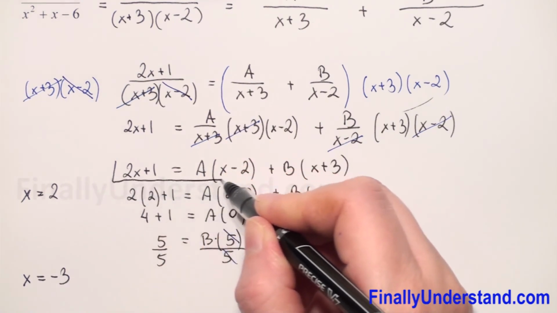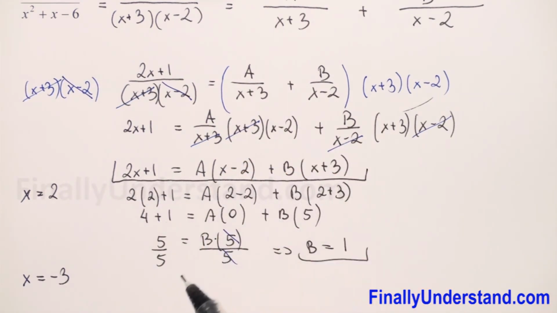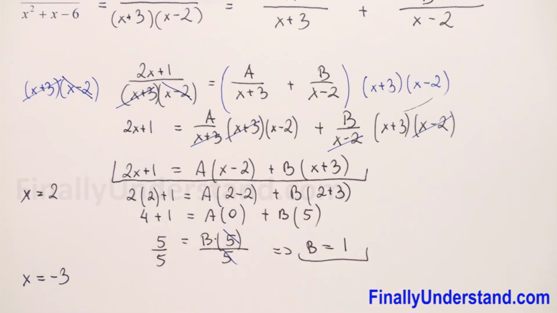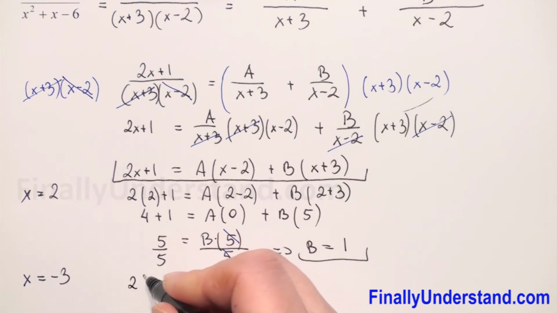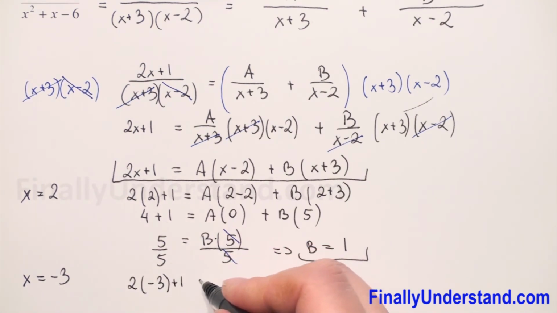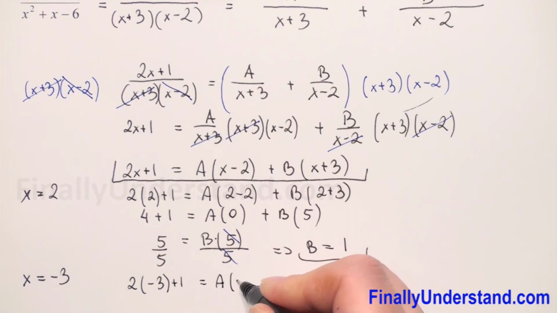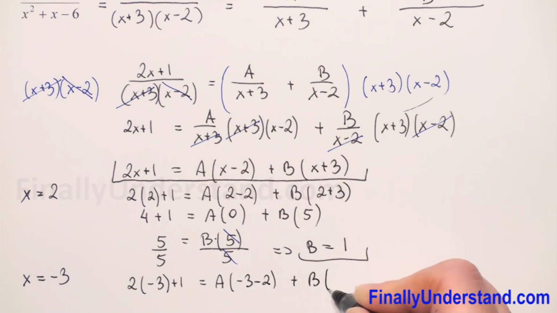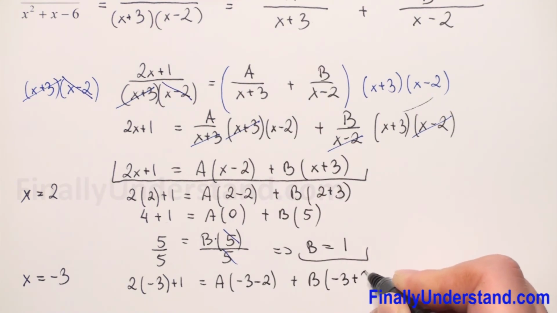Again, in our equation, we have to substitute each x by -3. So we have 2 times -3 plus 1. This is equal to a times (-3 minus 2) plus b times (-3 plus 3).